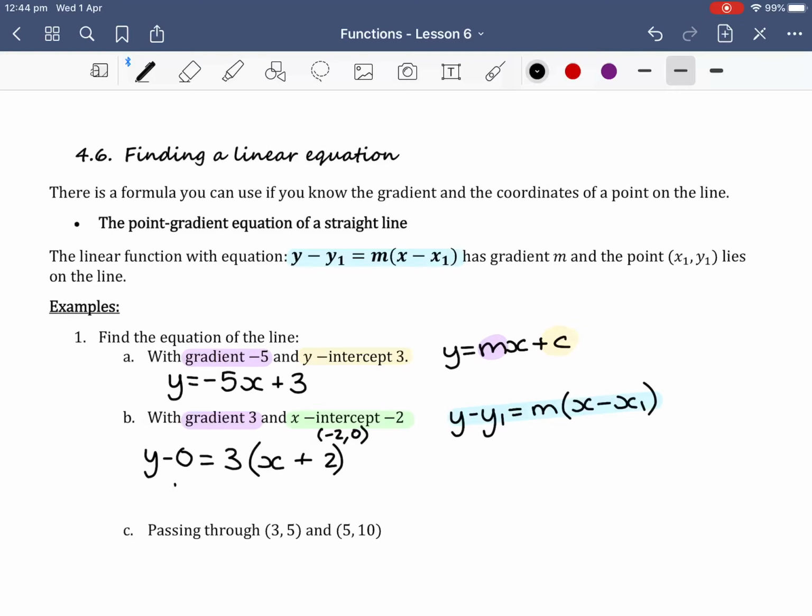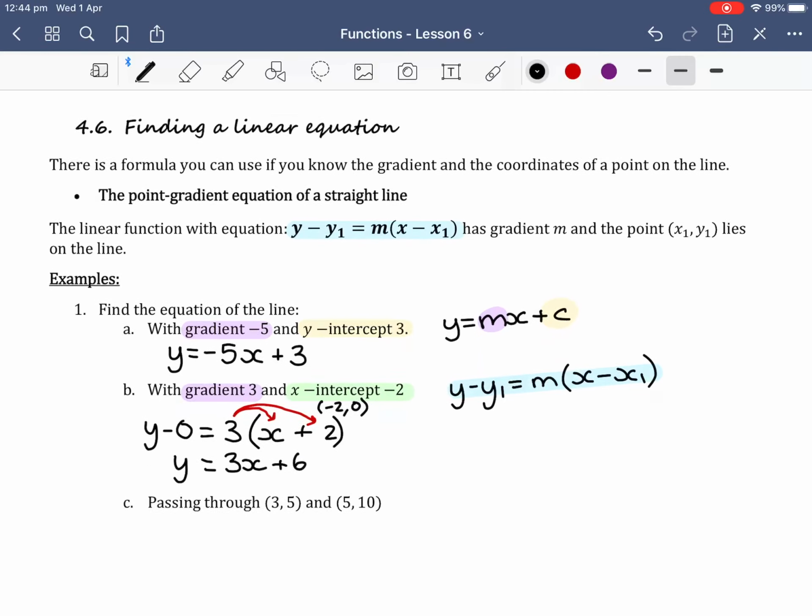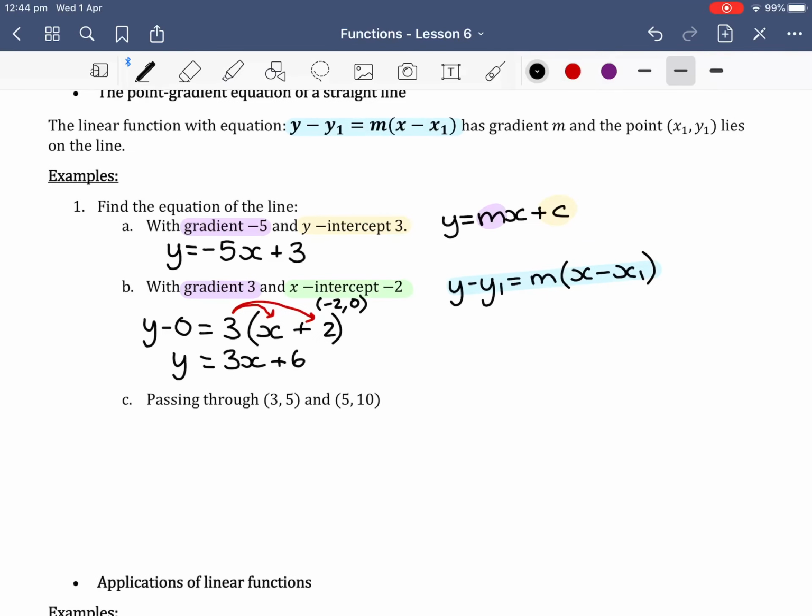So that means now we have y minus 0, which is just y, equals, now we need to multiply this 3 into both terms in our bracket. So it will be 3 times x, which is 3x, and then 3 times plus 2, so it will be plus 6. So that means our equation of the straight line with a gradient of 3 and an x-intercept of minus 2 is y equals 3x plus 6.